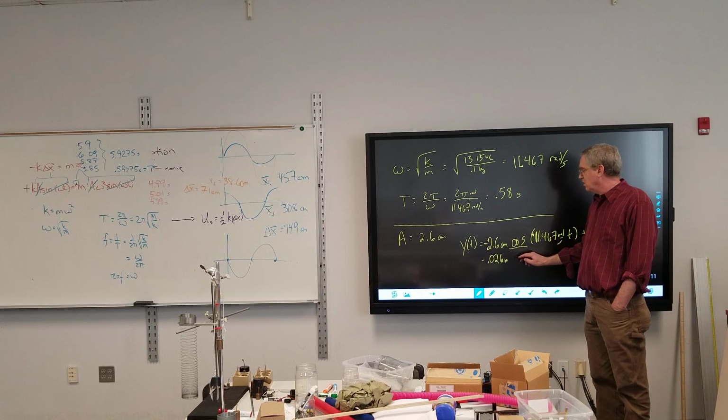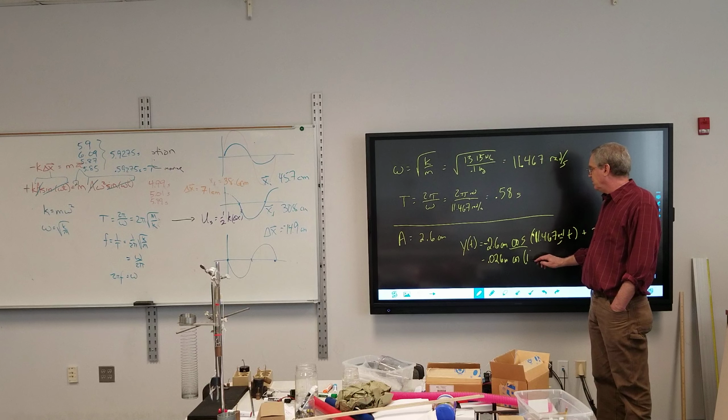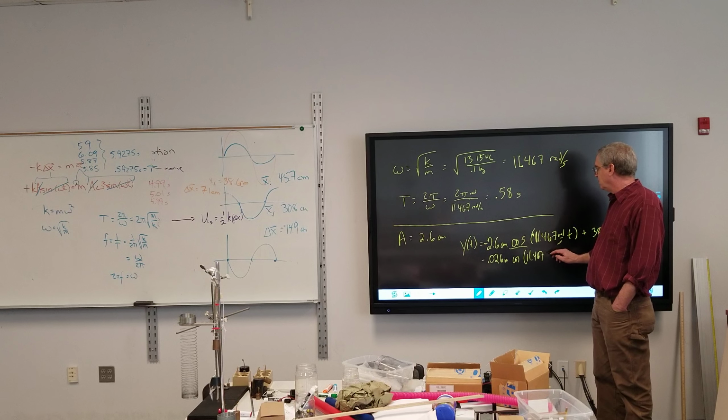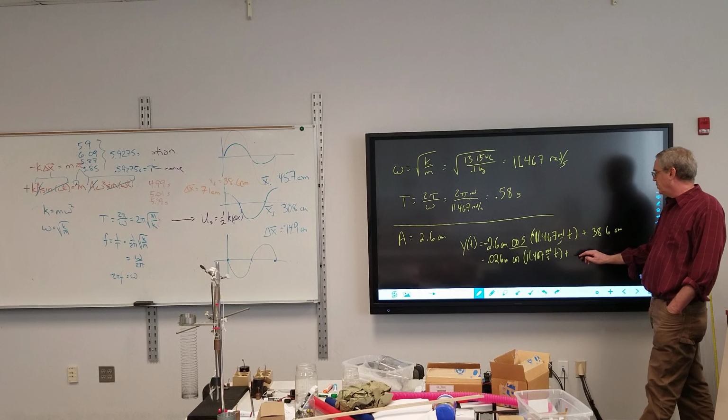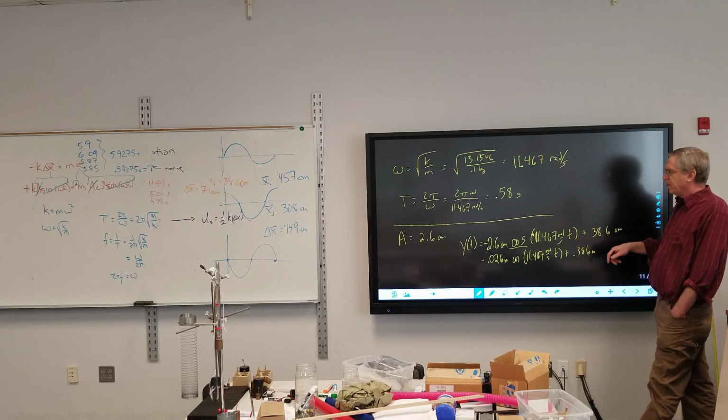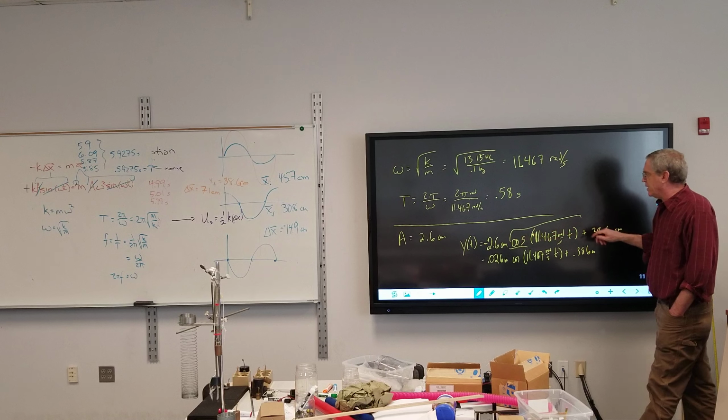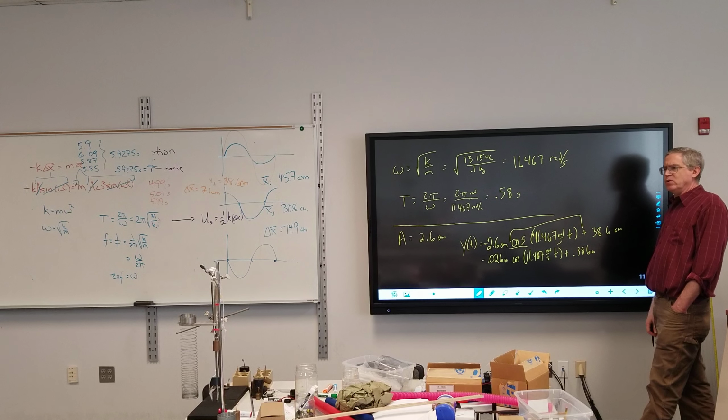0.026 meters, cosine of 11.467 radians per second times time, plus 0.386 meters. I know that the cosine of this whole bit right here has no units. All the trig functions are just ratios of lengths.